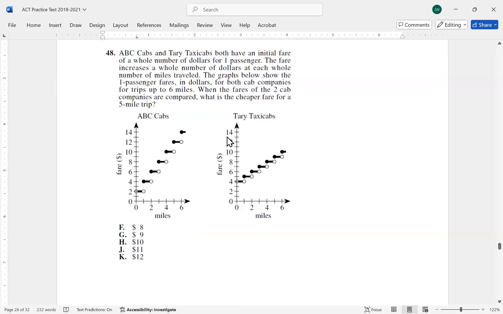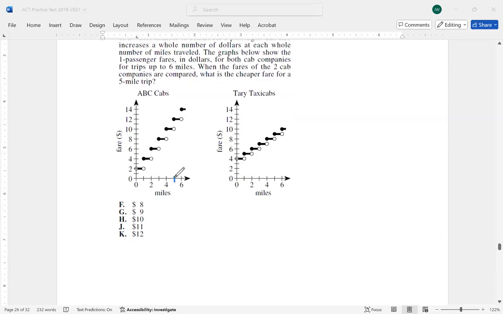Now, cheaper fare for a 5-mile trip, all we're going to do is look at where the 5 miles are. The 5-mile trip for the ABC cabs is a fare of $12. The 5-mile trip for the Terry taxi cabs, 5 gets you right there. That is at $9.